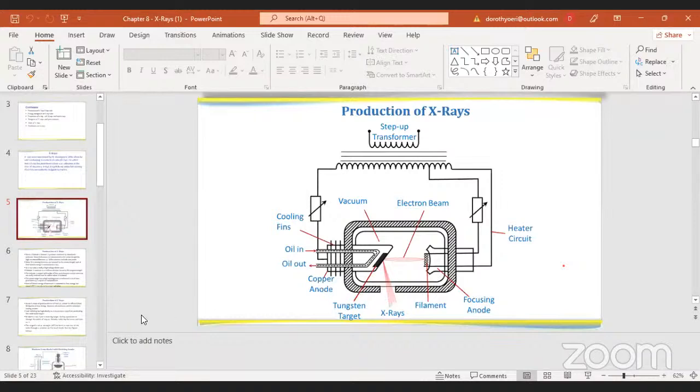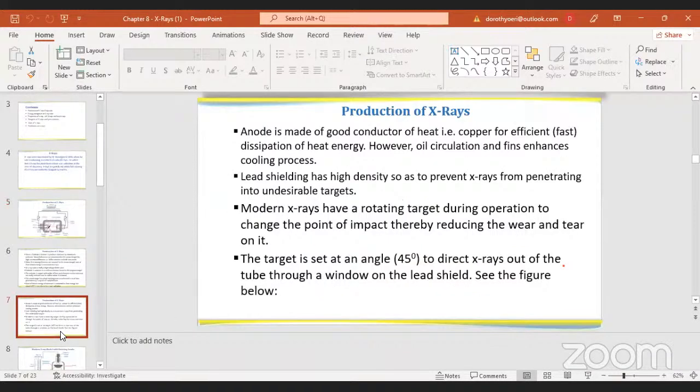Is because lead has got high density, and therefore that will prevent any stray X-rays from straying outside the tube. Remember, any exposure to X-rays can be harmful if not well handled by a professional.